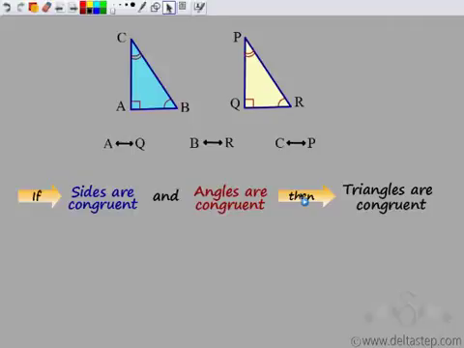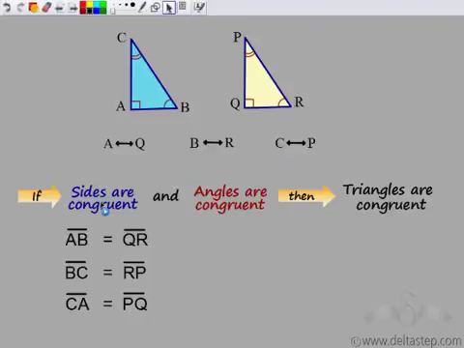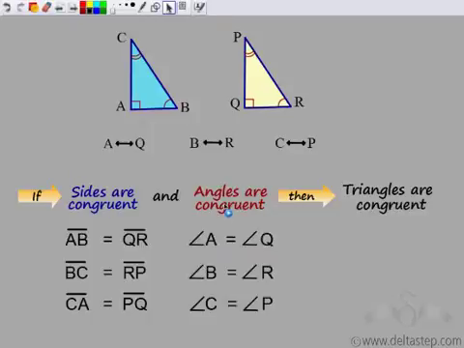So these two triangles I can say are congruent when all the 3 sides are congruent or all the 3 sides are equal. So here you have AB which is equal to QR, BC which is equal to PR, and AC which is equal to QP. So all these 3 sides are equal. Again, 3 angles are also equal.